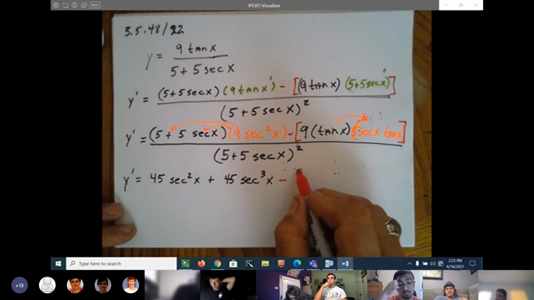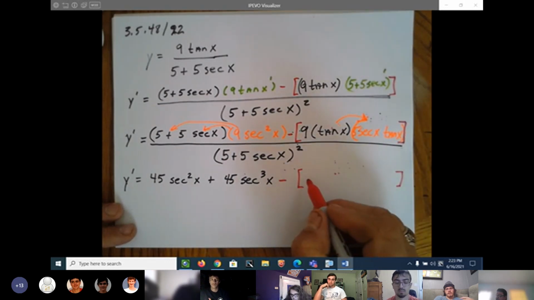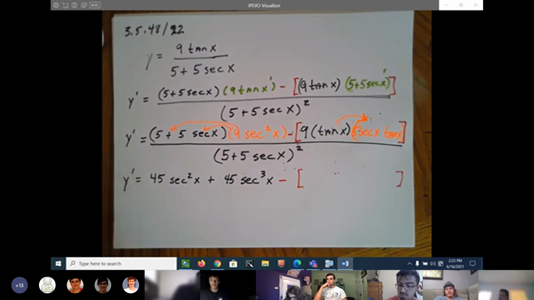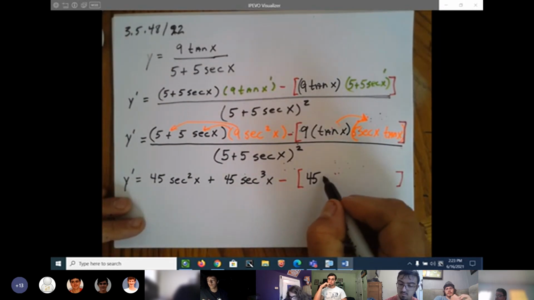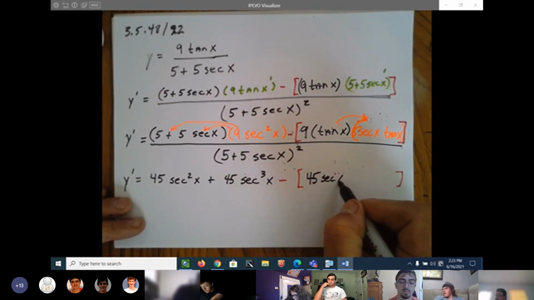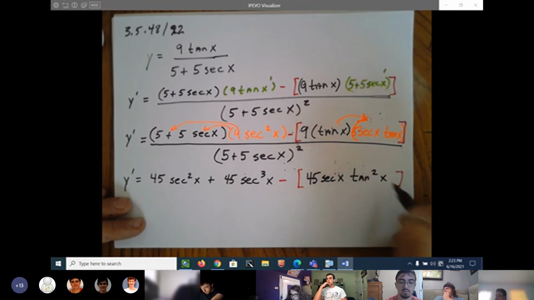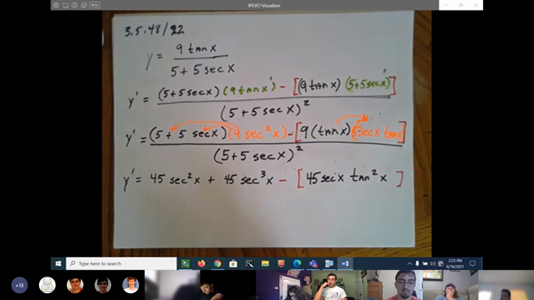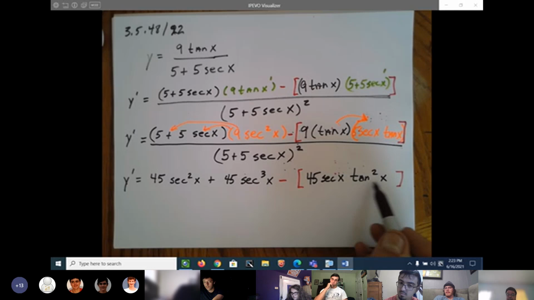Minus, and then I'm going to put in brackets, it'll be 45 secant x tan squared x. And you can rewrite that tan squared as what? Secant squared minus 1.